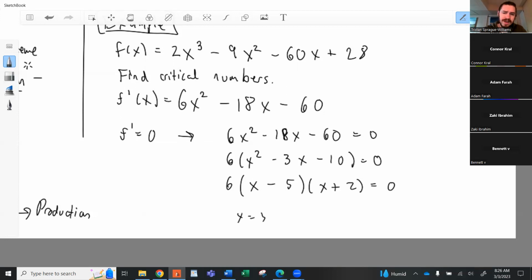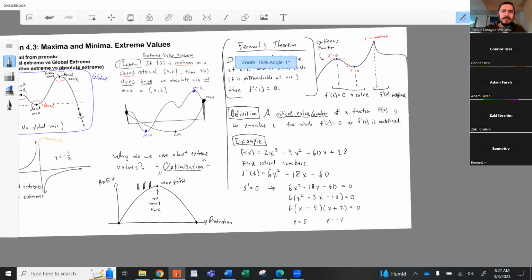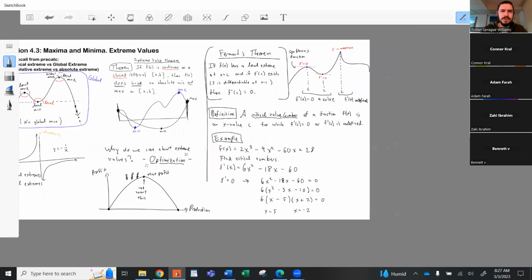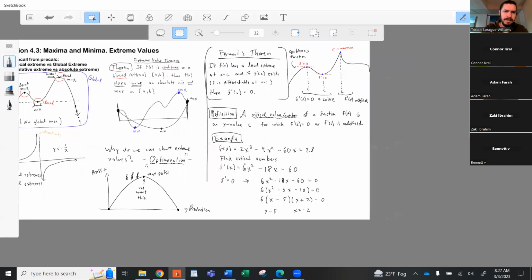We have x equals 5 and x equals -2 from that. So these are critical numbers. These are the critical numbers you obtain by setting the derivative equal to 0. But there may be other critical numbers.